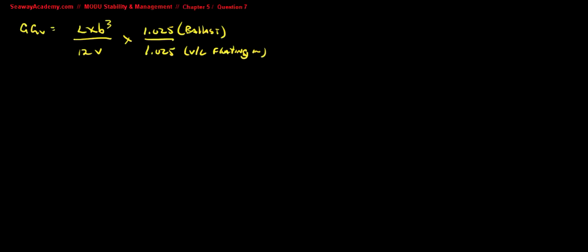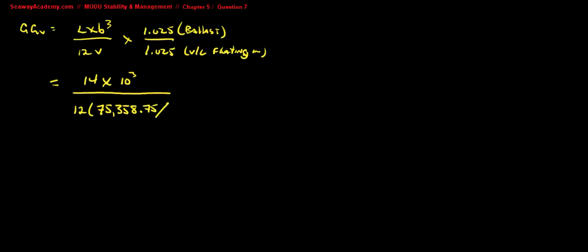So the length of the tank is 14 meters. The breadth is 10 meters, so 10 cubed. Divided by 12 times, now we calculated the new displacement as being 75,358.75 tons.